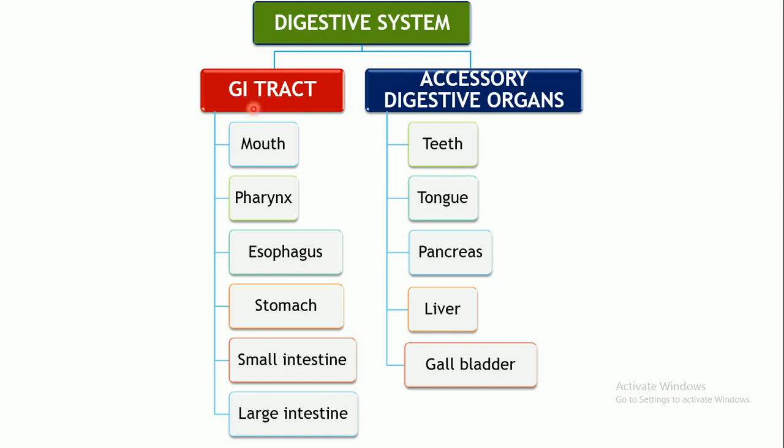One forms a tube-like structure called the GI tract, which extends from the mouth till the anus, and the accessory digestive organs also help in digestion, maybe by crushing the food or helping in movement of the food or secreting certain secretions like pancreatic juice or the bile, which is secreted by the liver, stored and concentrated by the gallbladder and released as and when it is required.